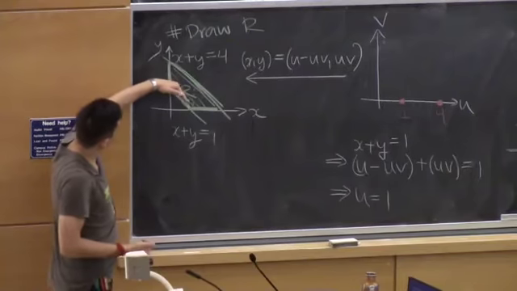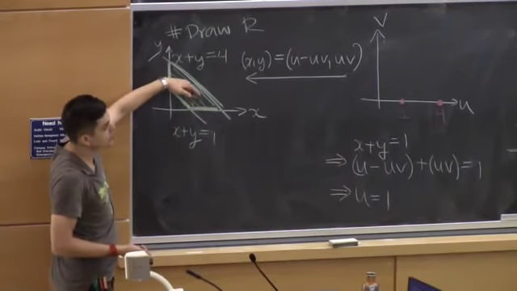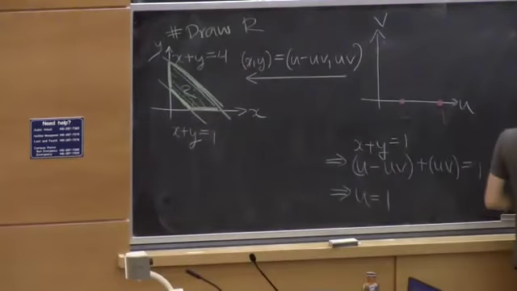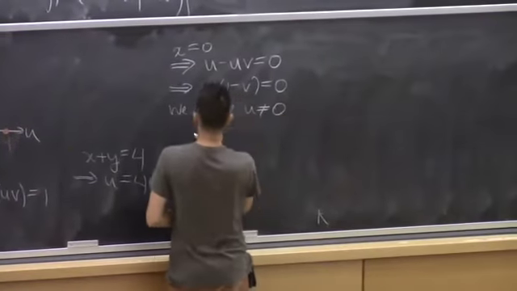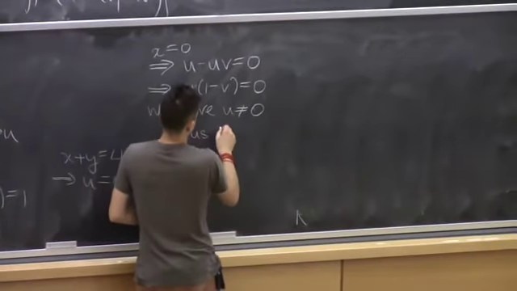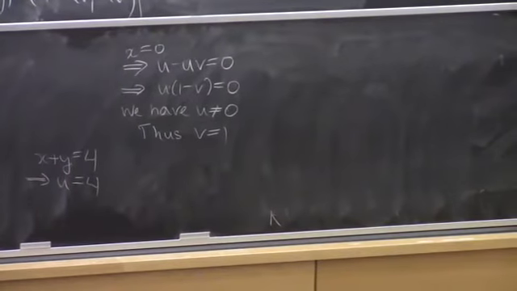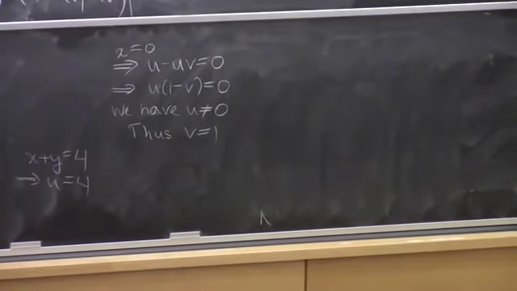So our x plus y value is always going to be between 1 and 4. So we get that v must be 1. Okay? That's a pretty subtle argument.